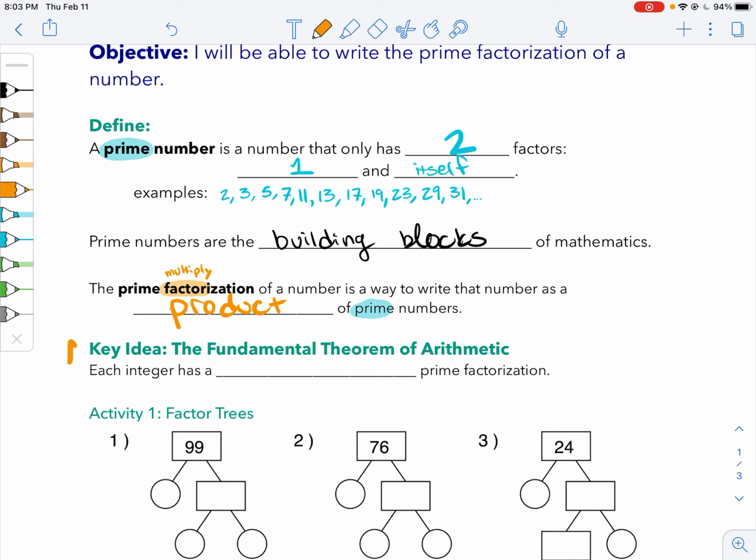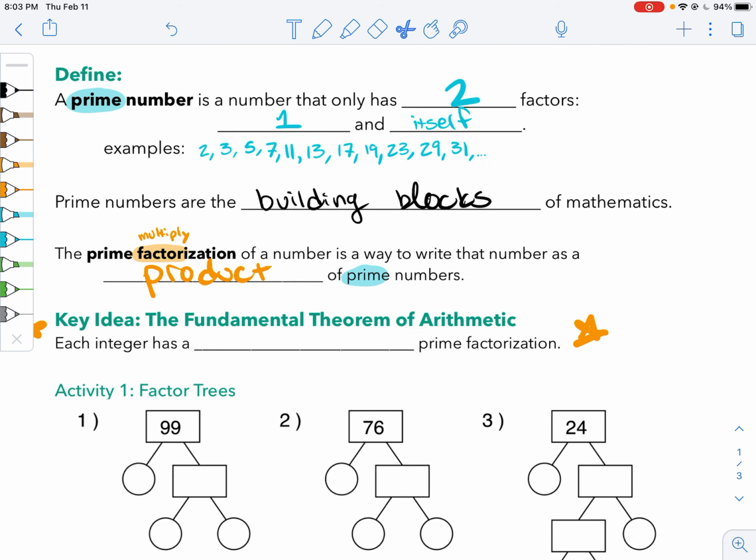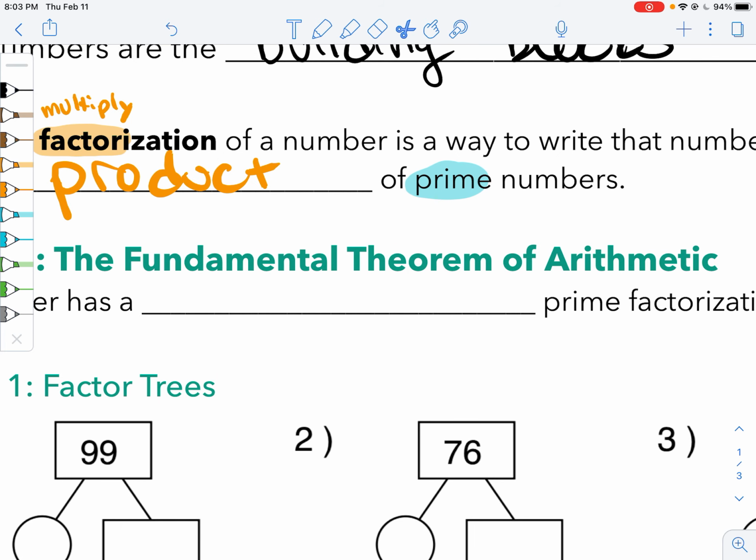Now our key idea, one of my favorite things in all of math, I think it is literally my favorite concept in all of mathematics, is called the fundamental theorem of arithmetic. It's fundamental, it is key, it's the key idea of all key ideas.